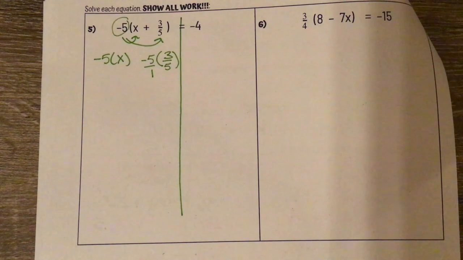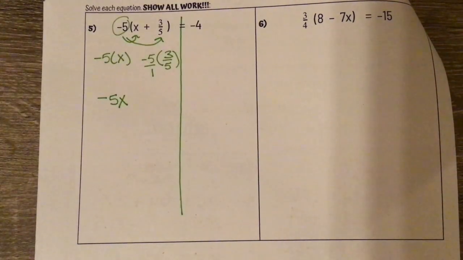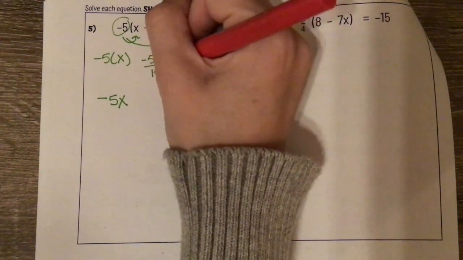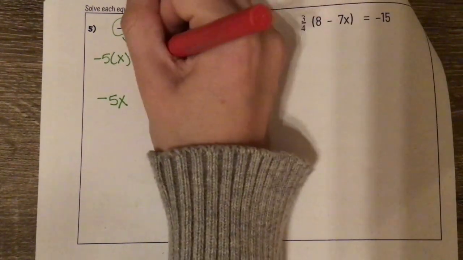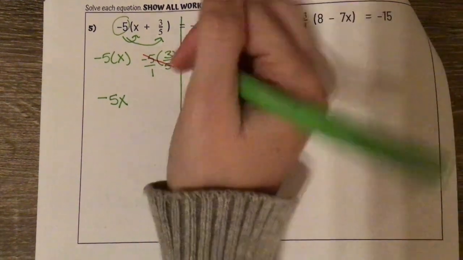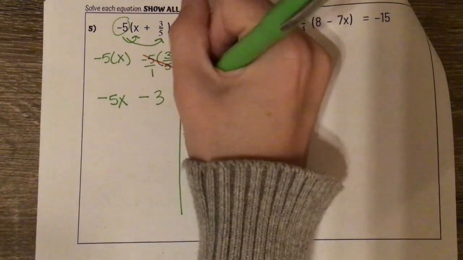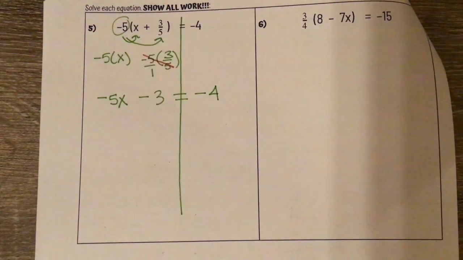So the negative 5 times x is just negative 5x. Over here, negative 5 over 1 times 3 over 5, that's going to cancel each other out, and we're left with negative 3 over 1, or just negative 3. And then I bring down the negative 4.